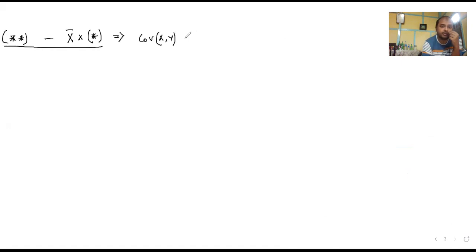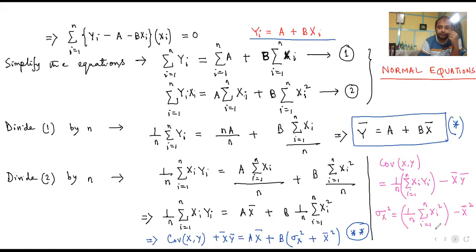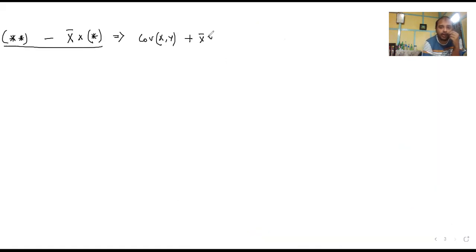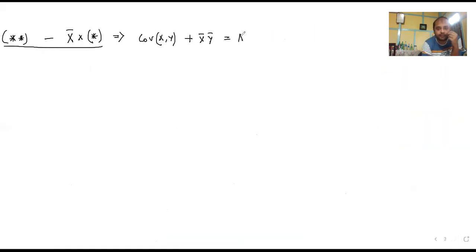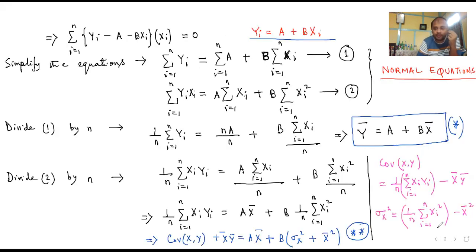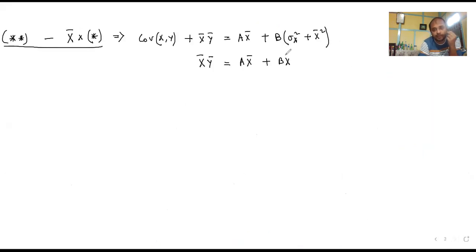So it is covariance xy plus x bar y bar is equal to a x bar plus b into sigma x square plus x bar square. And when we multiply star by the quantity x bar, we get x bar y bar is equal to a x bar plus b x bar square.